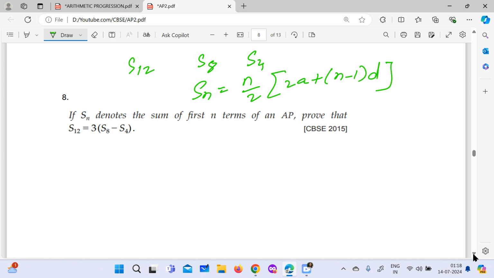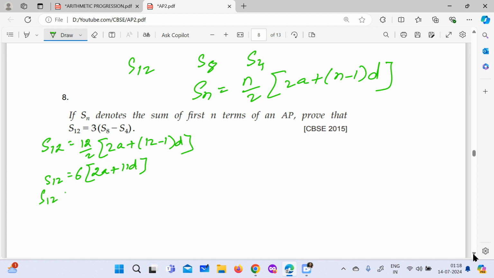S12 equals 12 over 2, 2a plus (12 minus 1) times d. So S12 equals 6 times (2a plus 11d). Hence S12 equals 12a plus 66d.